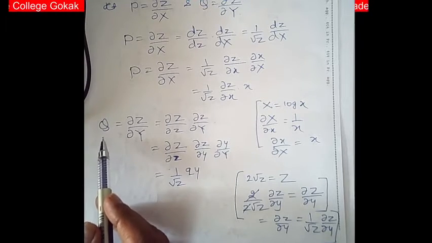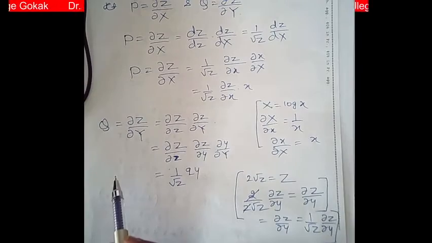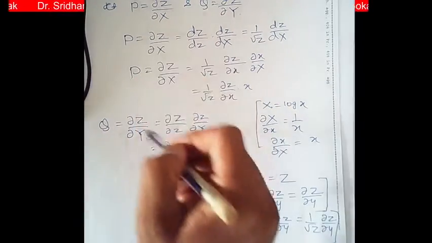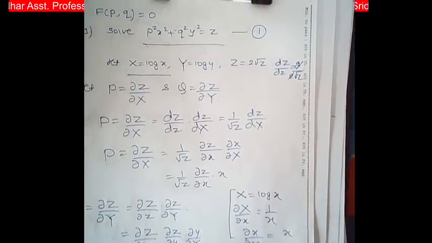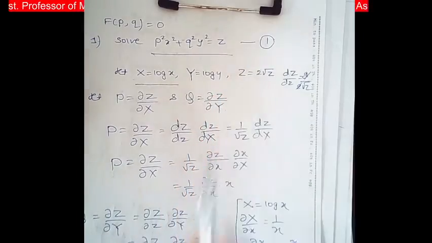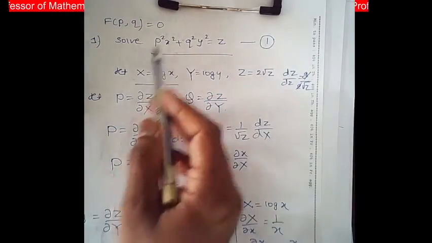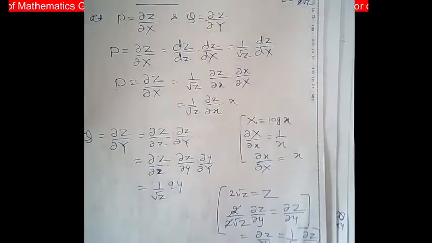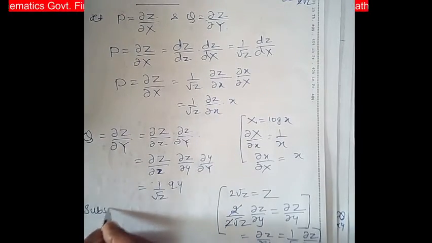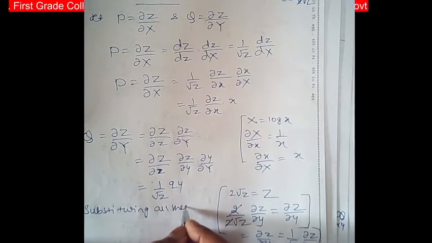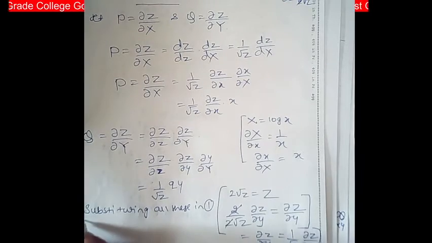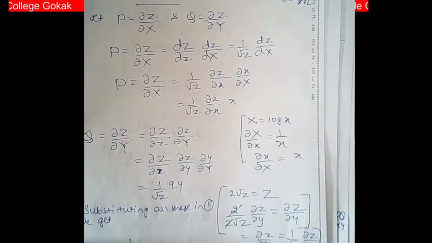Now we substitute all the values in the above equation, equation 1. Substituting all p, q in equation 1, we get p square x square.